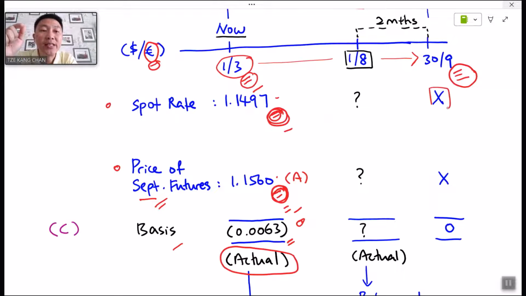At that point, the spot rate and the price of the futures contract should be the same, given that these two prices are at the same point in time, with no timing difference. Therefore, the basis will come to 0. But the question is, between 1st March and the end of September, what happens to the basis?